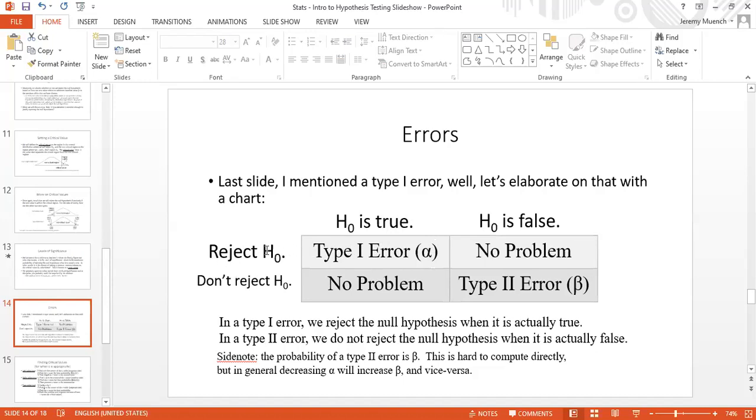And not rejecting the null hypothesis, not rejecting innocence, is essentially saying that we fail to find significant evidence saying that the defendant isn't innocent. So that's it.